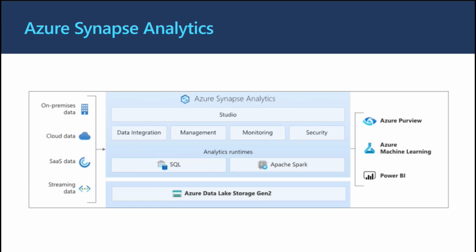There are integrated analytical runtimes, as you'll see here in the middle of the slide, that are available in provisioned or serverless on-demand SKUs. What that means is inside of Synapse, we have access to SQL engines as well as Apache Spark engines.